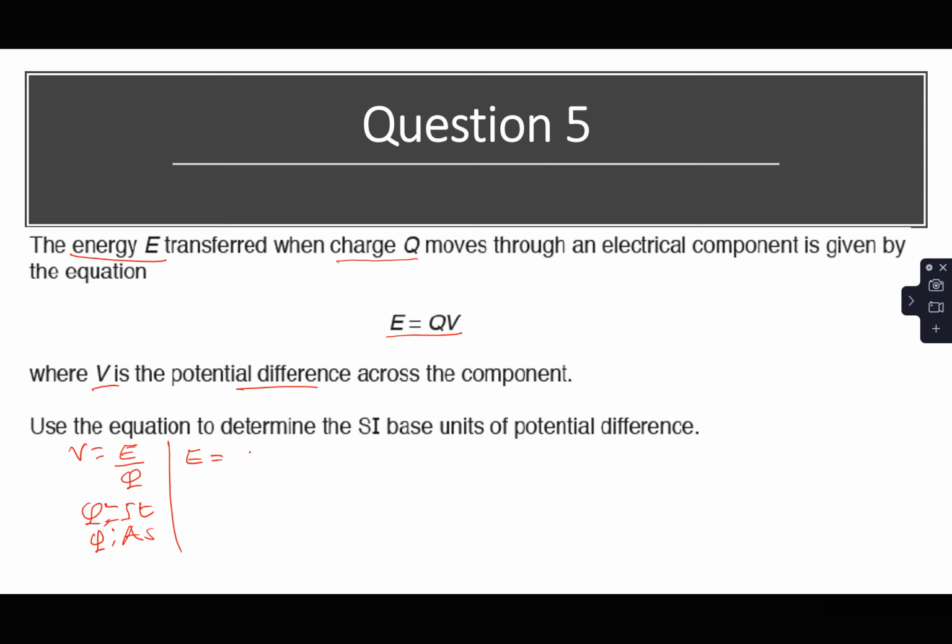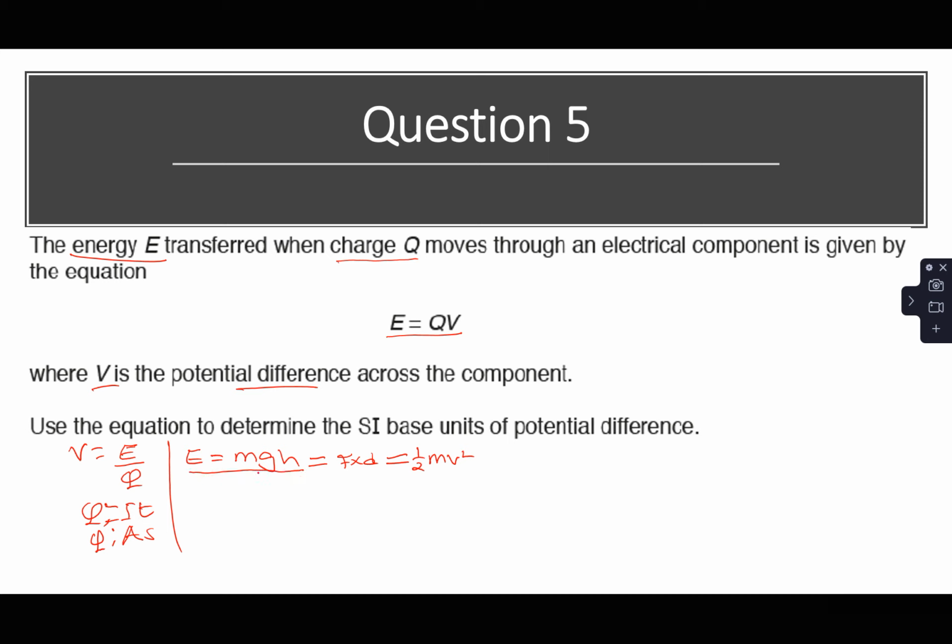So let me use the simplest. I can use gravitational potential energy for simplicity, because the quantities in this expression are easy to find base units for. I could use energy equal to work done, which is force times distance in the direction of the force, or the expression for kinetic energy, a half mv squared. Any of these expressions could give me the base units of energy, but I will concentrate on the first expression.